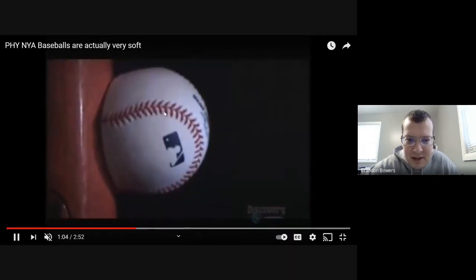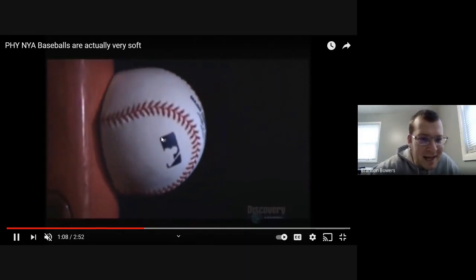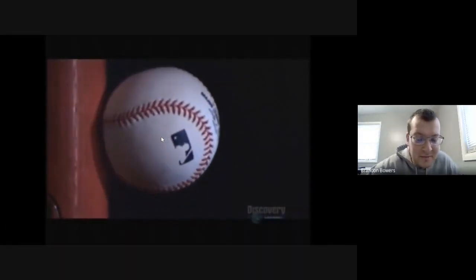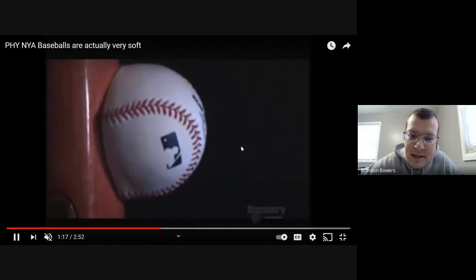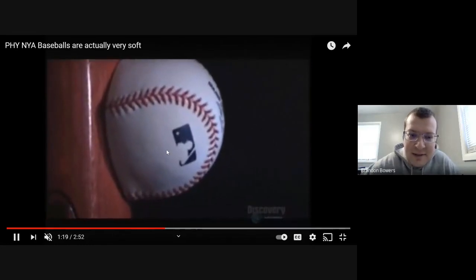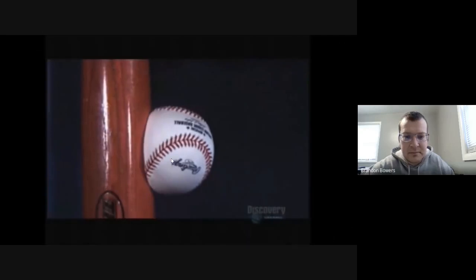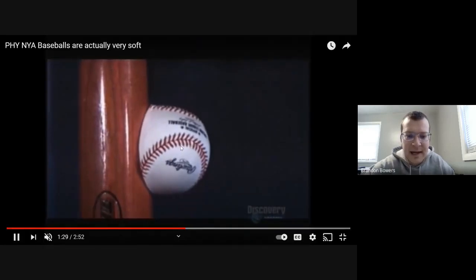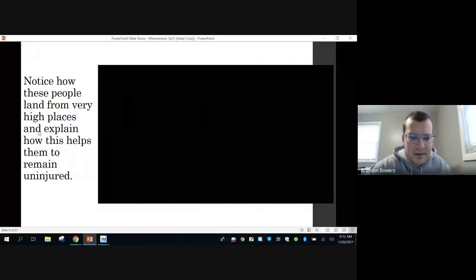So see the compression on the ball. That compression makes the baseball have less force and go less distance as a result. Look at that. That is crazy how much the baseball gets compressed. And that's what impulse is. Just a few videos to give you some visuals.